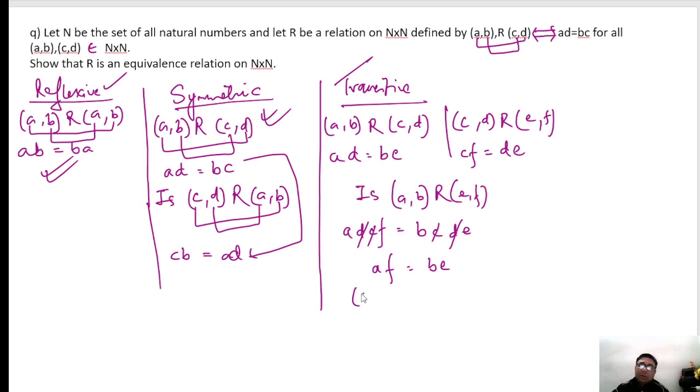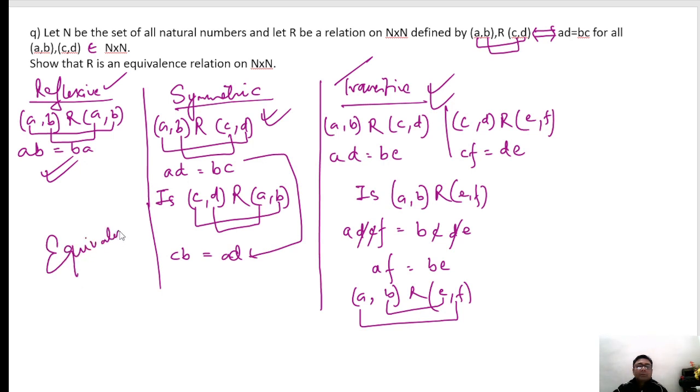That means definitely I can write AB R EF, because we are able to choose this and this. That means transitive is also correct. That means it is an equivalence relation. It is equivalence relation. Correct.